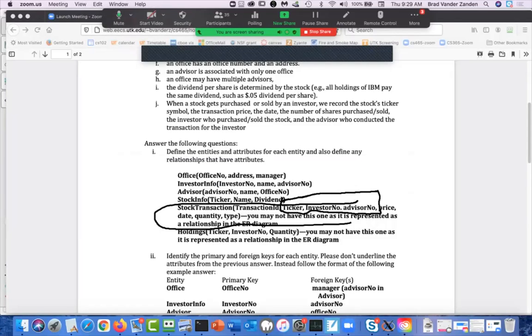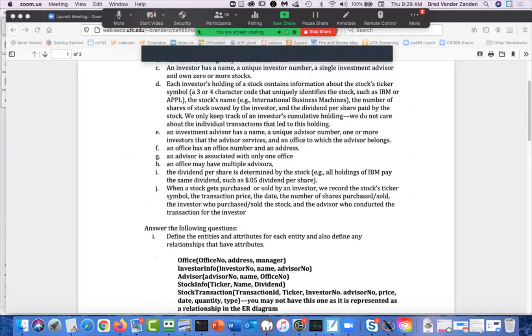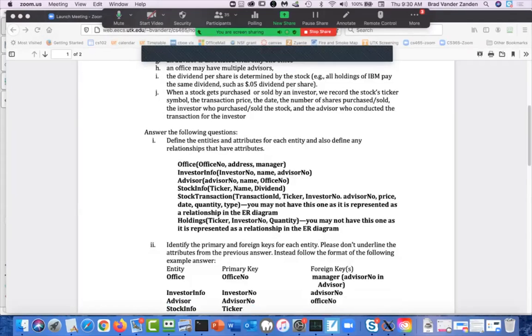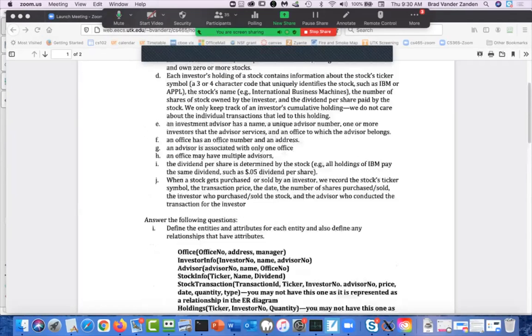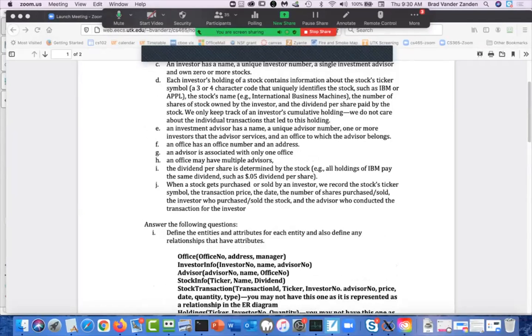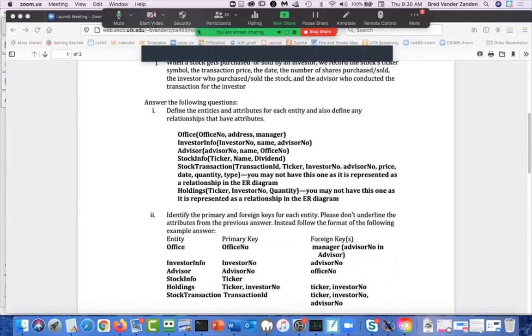Okay, and the same thing with holding. So part D, it said each investor's holding of a stock contains, and you end up putting the ticker, the investor number, the quantity. And originally we put in some additional information. We had dividend, stock's price. So you might include that originally and then realize, oh, wait a minute, by just following the ticker, I can figure out what the name and the dividend of the stock are, so you could get rid of it from holdings.